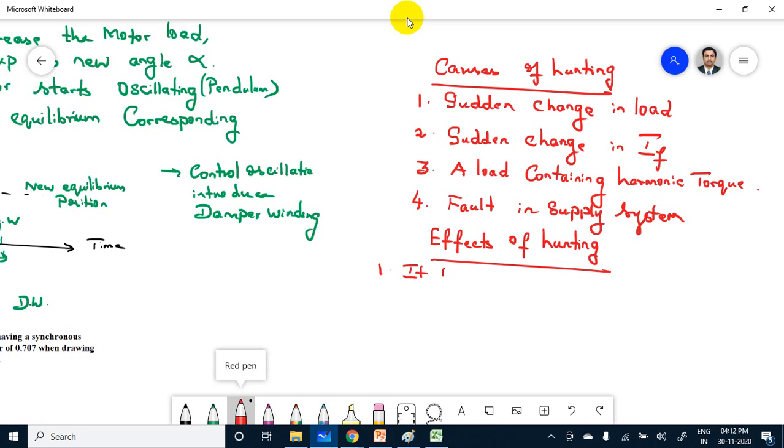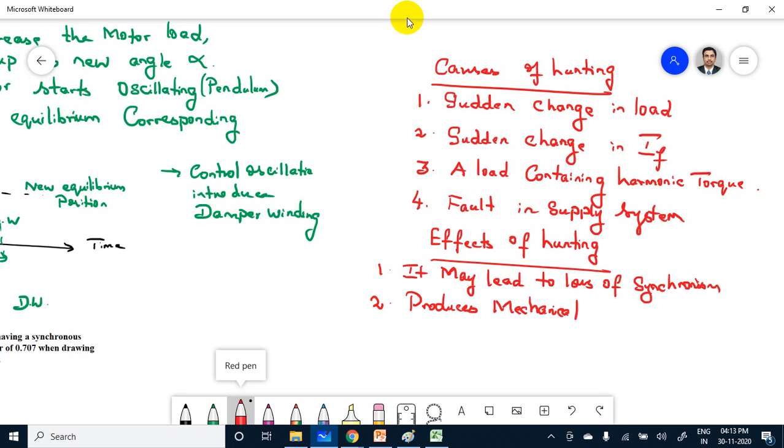Second, it produces mechanical stress. Where will the mechanical stress happen?